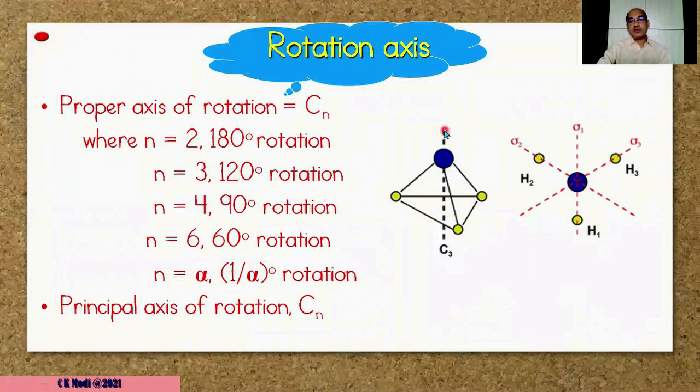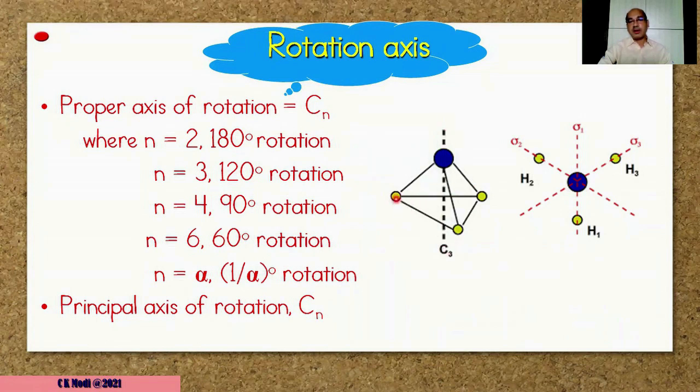If we perform 120-degree rotations, for example, look at this imaginary axis passing through the center, and if I rotate this imaginary axis by 120 degrees, what will happen? These atoms come over here, these atoms come over here, and these atoms come over here. But if I perform 180-degree rotations, we are not getting the equivalent structure.